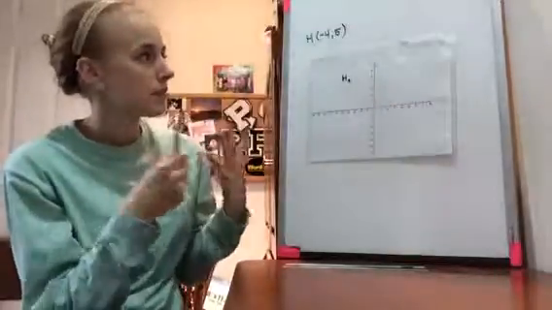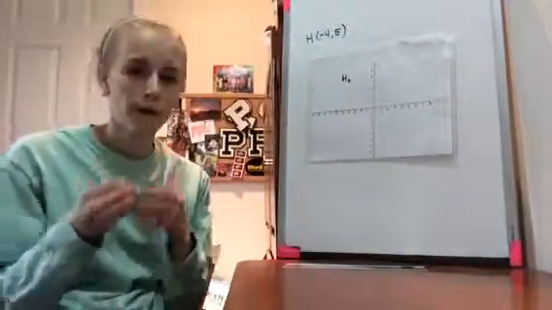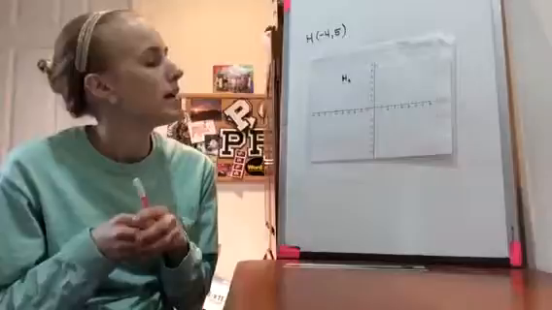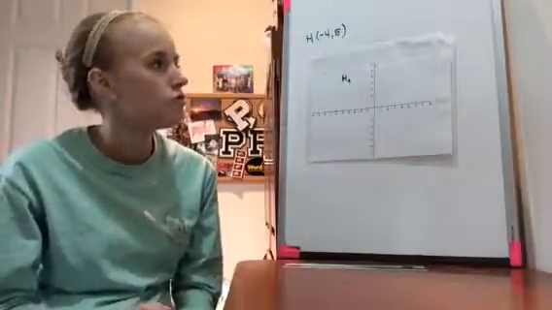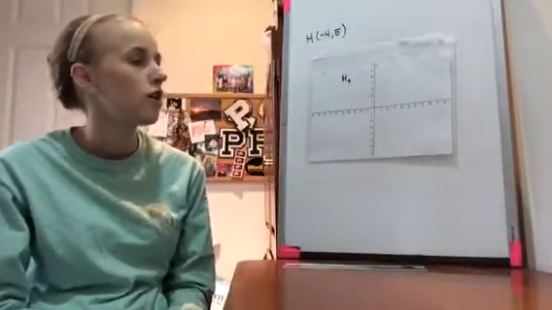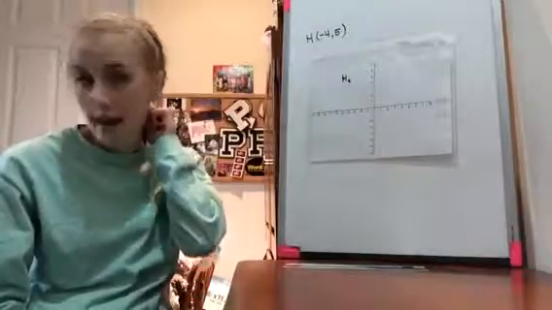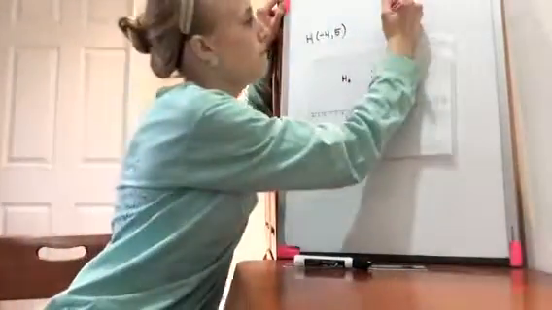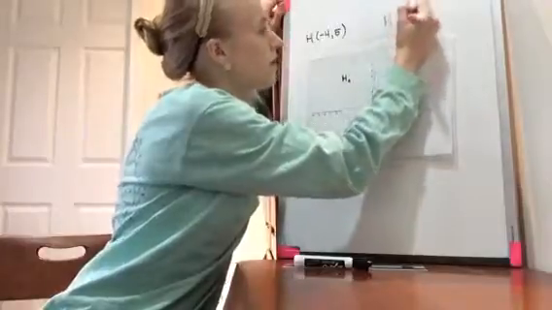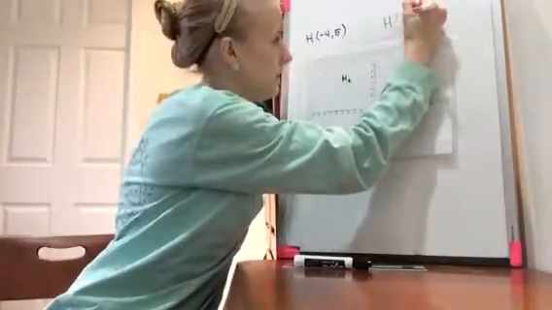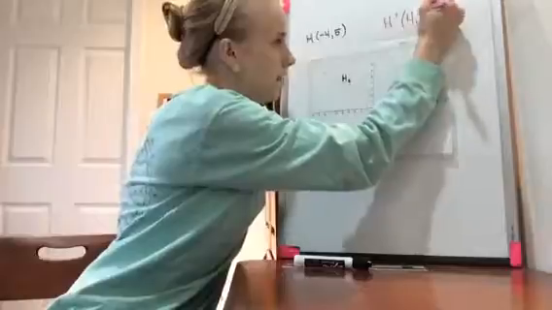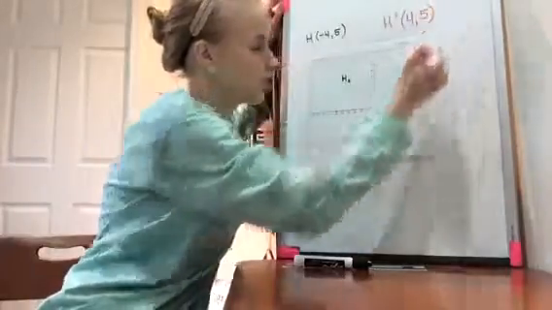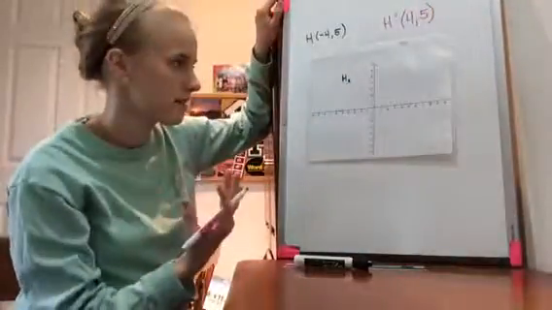So basically, all I have to do when it's a y-axis flip is I just have to change the x value. All right, so my H prime is going to now be (4, 5). Now, why does the x change if it is a y-axis flip?